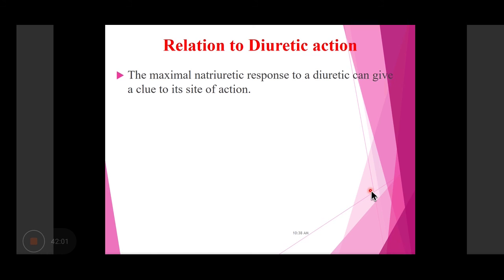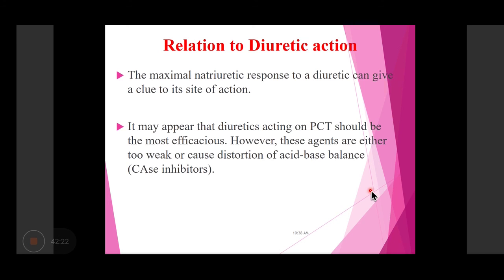So any diuretic which is blocking site 4 will be a weak diuretic, because already a lot of reabsorption has occurred. Whereas the ones that are acting at initial sites may be more powerful. Diuretics working at site 1 or site 2 will be more powerful, logically.